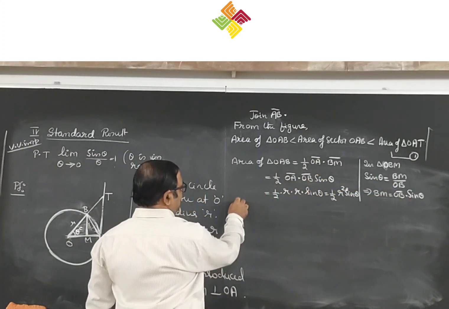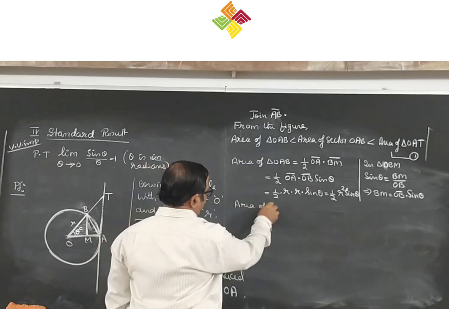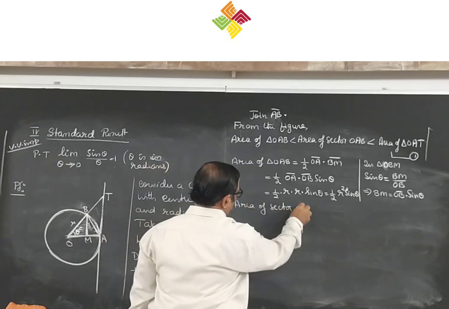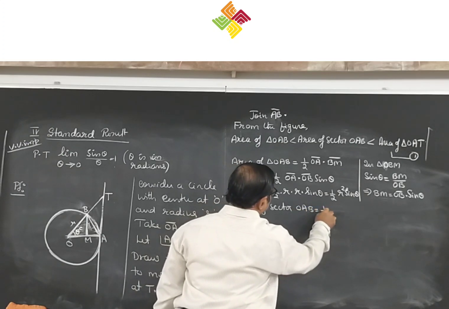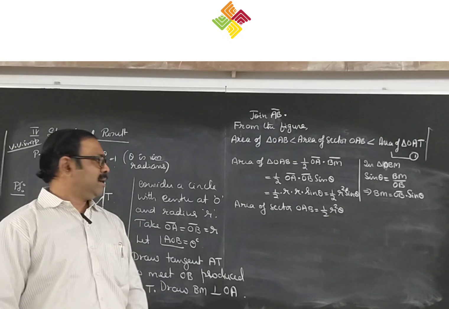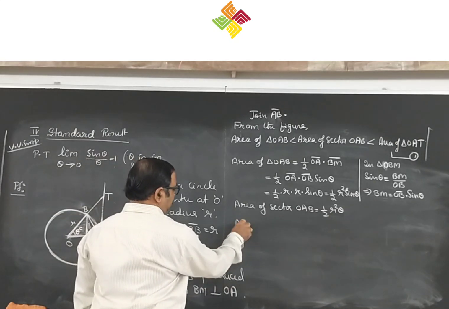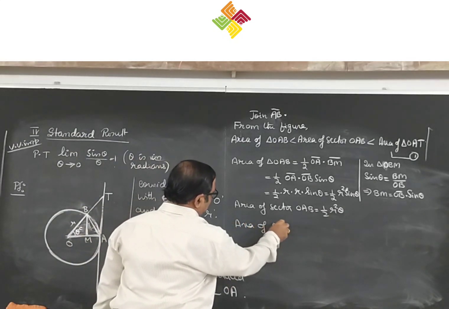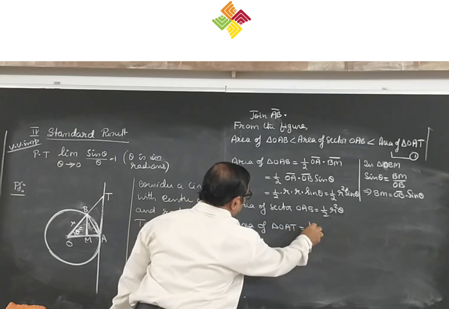Next we have area of sector OAB. You have studied the same in first year. Half R square theta. Next, area of triangle OAT.